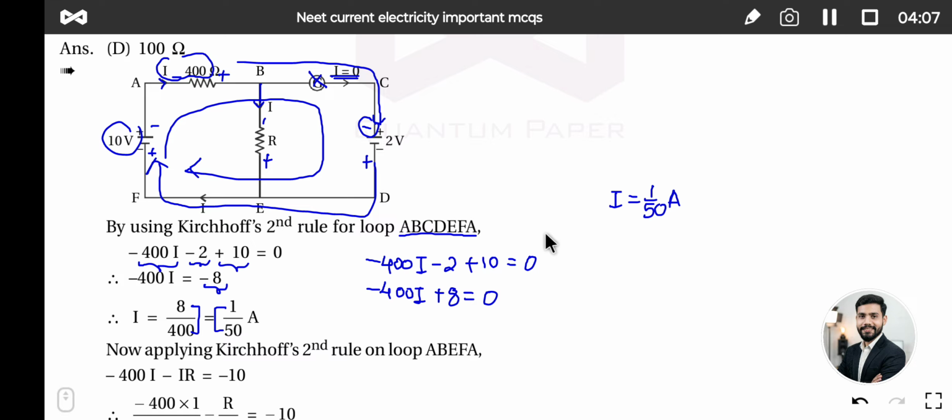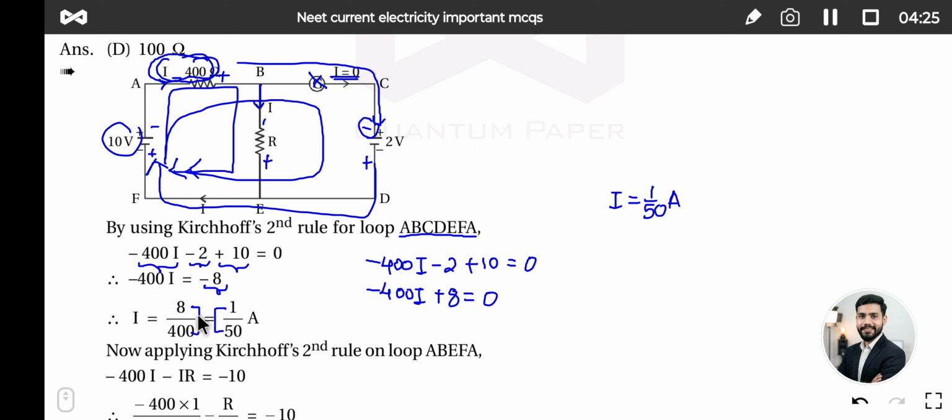Now let's apply Kirchhoff's rule in the second loop, this one, A, B, E, F. In this branch, again the same thing. Here the current is I and resistance is 400, so minus 400 I. Then now we are going in this branch BE, so current is I and the resistance is R, so minus I into R, and we end up with positive 10.